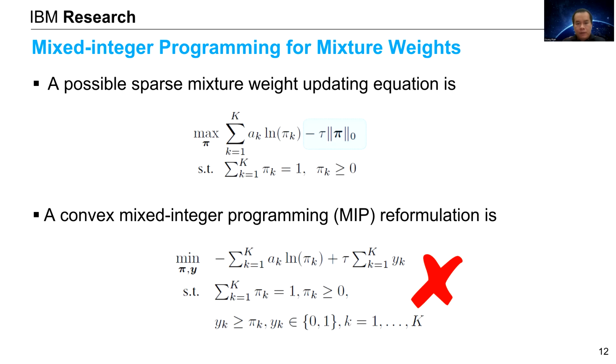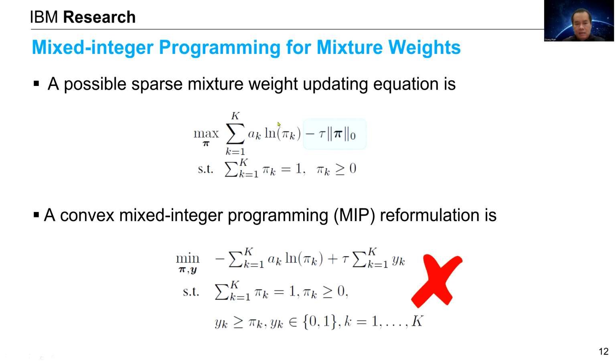What's the problem with the current approach? If we go back to see the current formulation to update the mixture weight, it gives rise to the following problem. We maximize this term with the constraint. If we want to have sparsity, we can add some regularization.